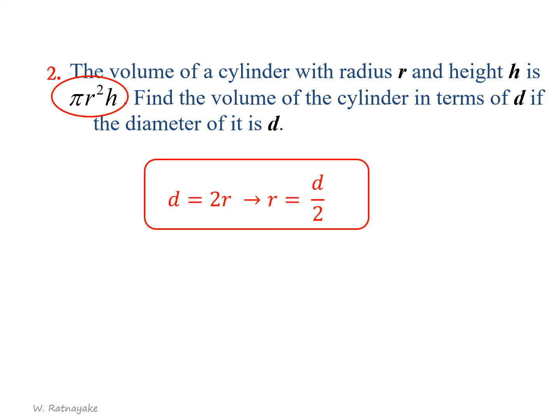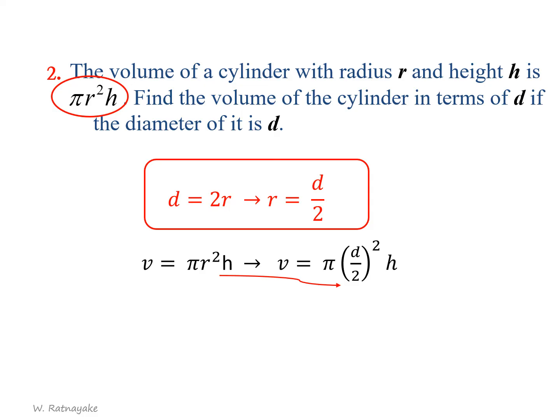So now the first formula is V equals pi r squared h. Here this r we can replace by d by 2. So then the formula will be V equals pi times d divided by 2, whole thing squared, times h.